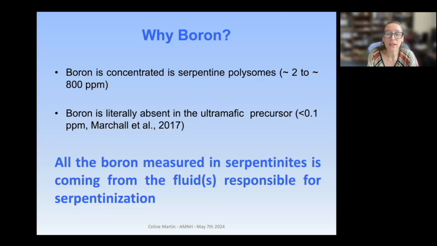That's very important in comparison to some other stable isotopes that are major, like oxygen, for which we already had a significant amount of oxygen in the rock prior to the event. So that's a great advantage of boron.